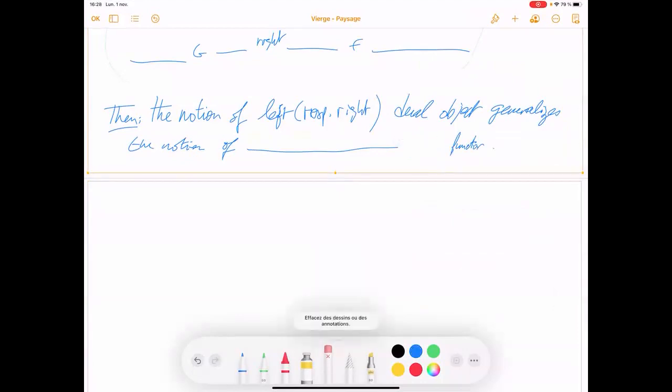I cannot write very cleanly. Okay. Proposition.